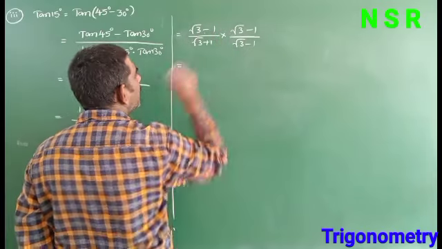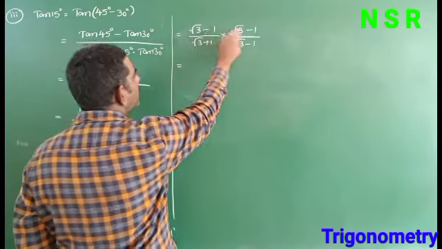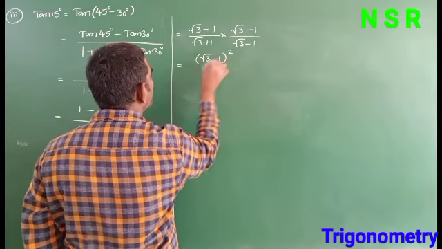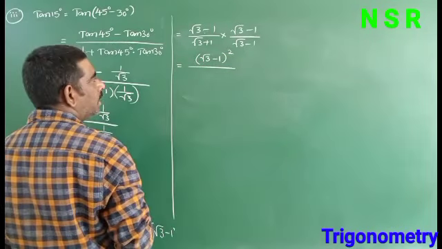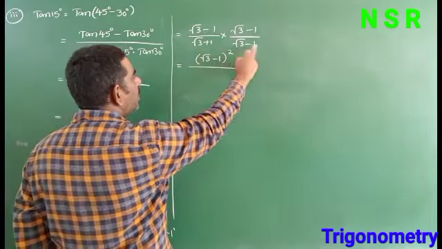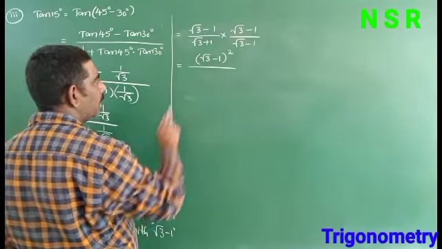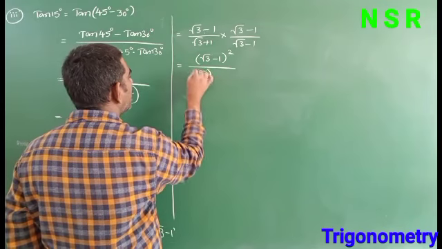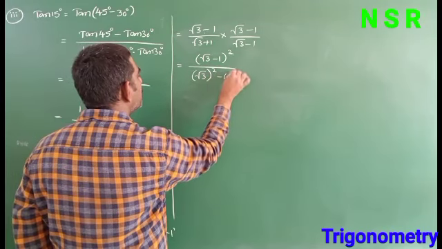So in the numerator, root 3 minus 1 into root 3 minus 1, root 3 minus 1 whole square, by, here the denominator is a plus b into a minus b, that is a square minus b square.